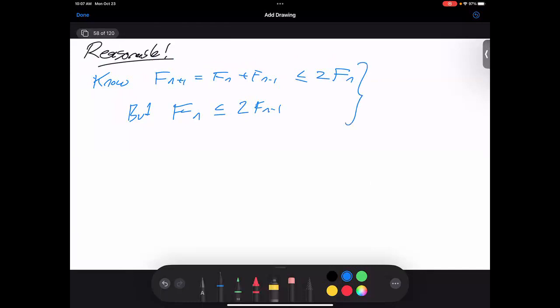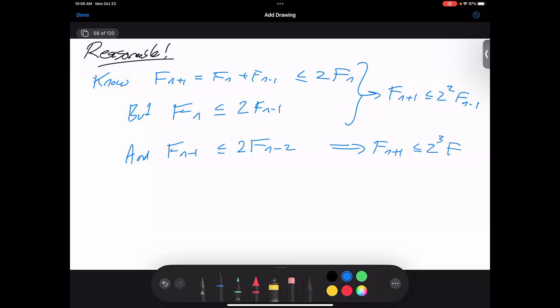And so if we combine these, we now get f_{n+1} is at most 2 squared f_{n-1}. Now this is shampoo mathematics. Lather, rinse, repeat, right? So what do we know about f_{n-1}? It's less than or equal to 2 f_{n-2}. Therefore, f_{n+1} is less than or equal to 2 cubed f_{n-2}.